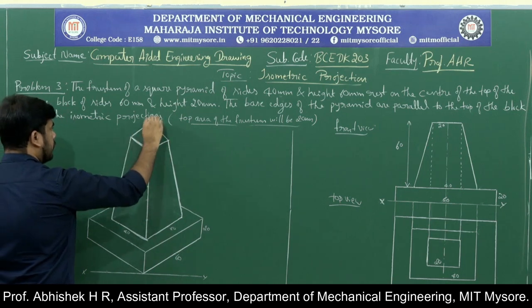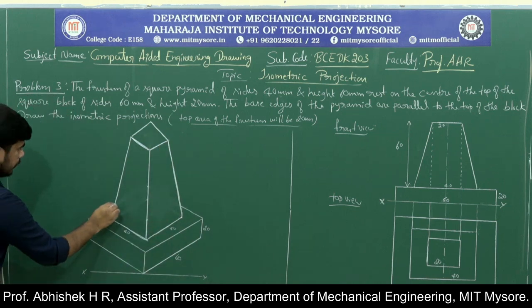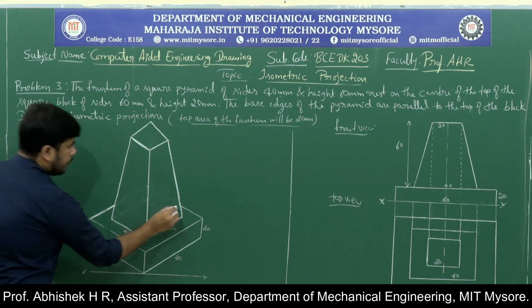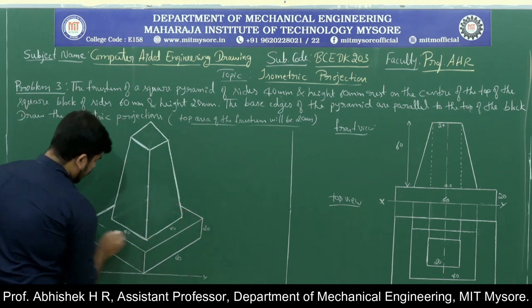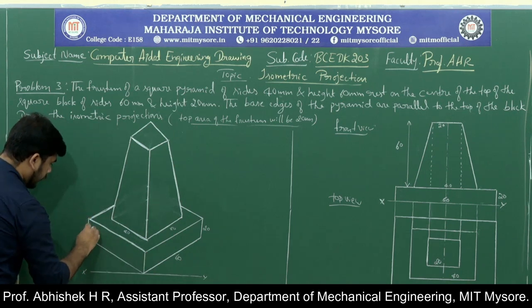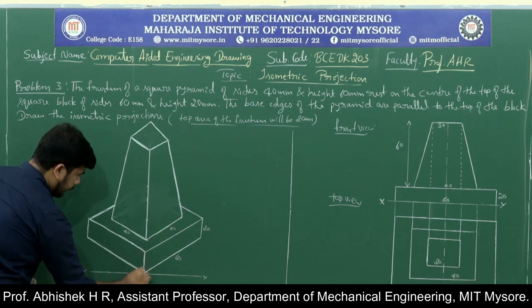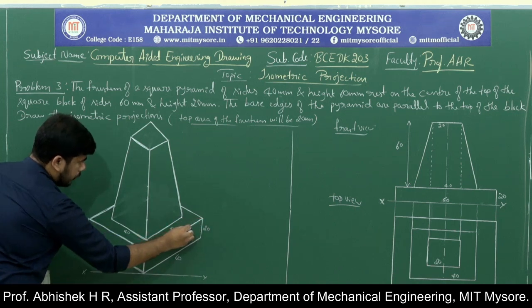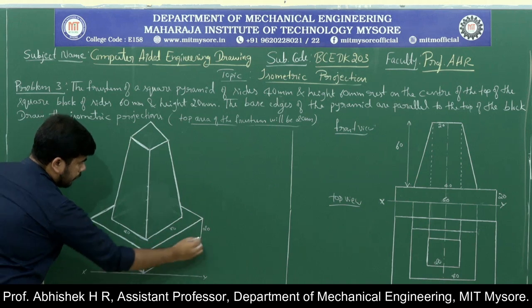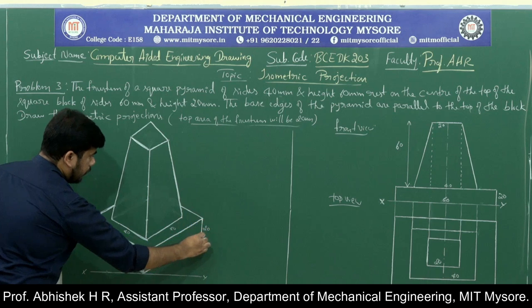This is a final touch-up just to show a 3D view of this particular problem. At last, you need to erase all unwanted lines; only the visible lines should be shown.